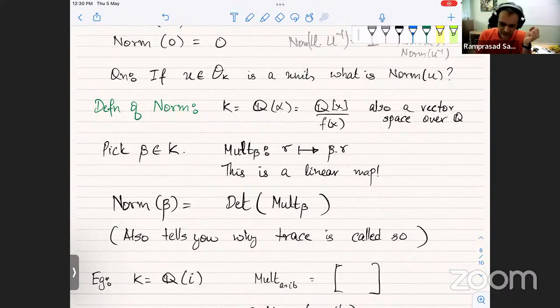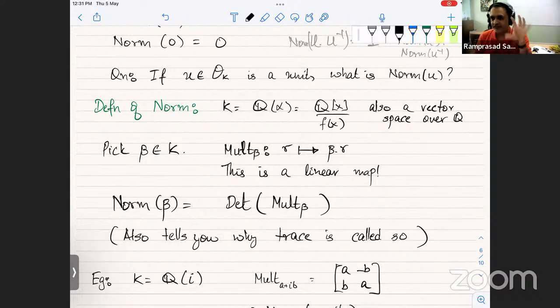So I need to tell you, if I were to multiply a plus ib with each of the basis vectors, what do I end up getting? Well, if I multiply it with 1, I will of course get a plus ib, which is represented as the vector (a, b). Now, if I multiply it with i, I would basically get (minus b, a).